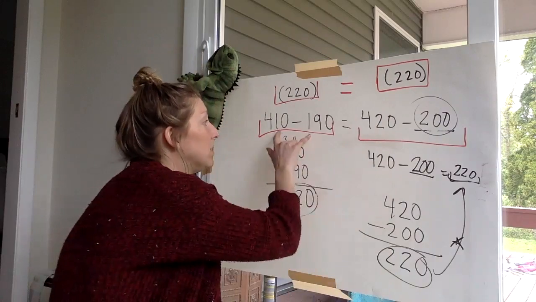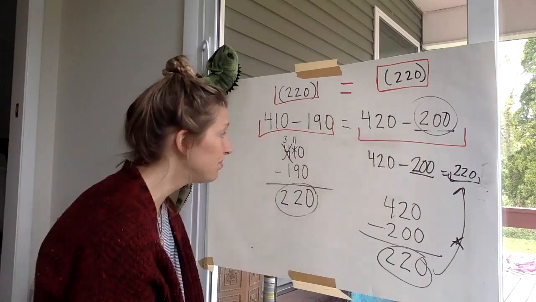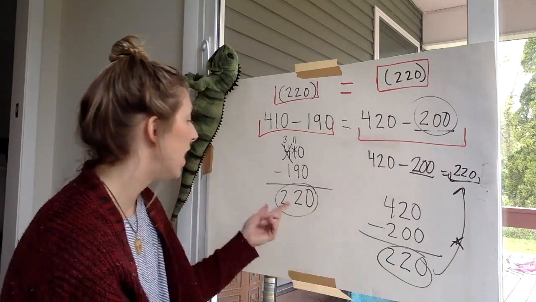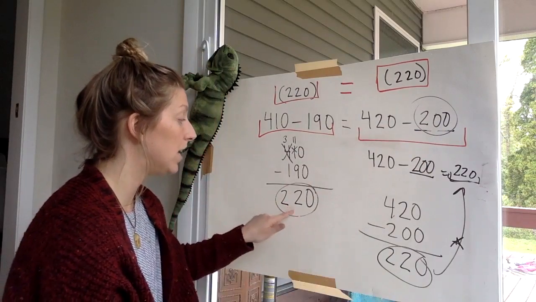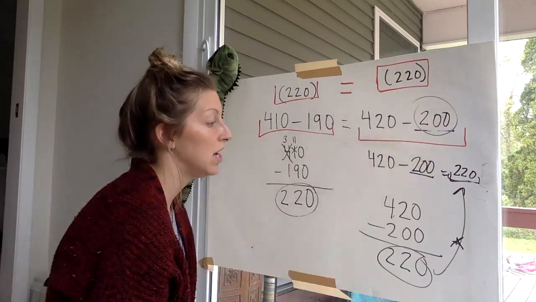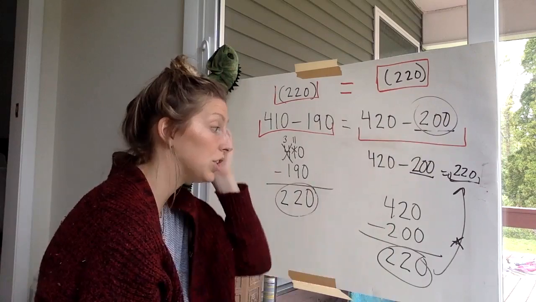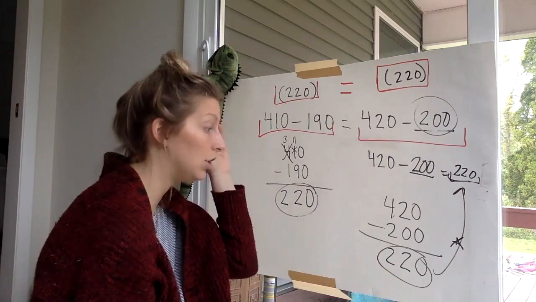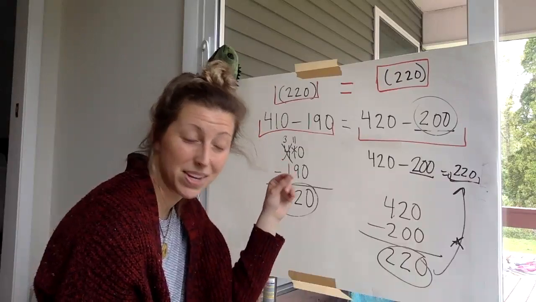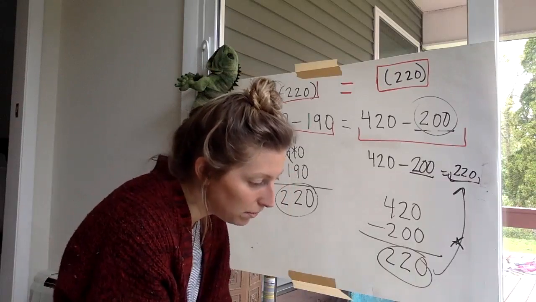So when you see these kind of problems, you have to figure out one side of the equation that you can first, okay? That gave us a big clue that it had to equal 220. This side had to equal 220. And so what I did was we just took away 220, and that's how we got that 200 answer, okay? So that can be a little bit tricky sometimes.